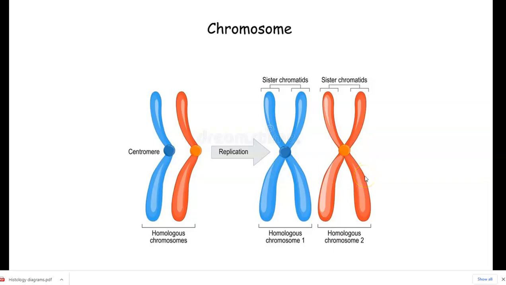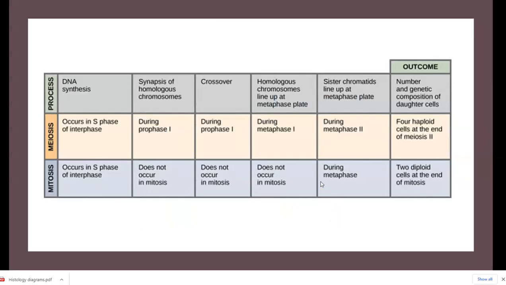In mitosis, those just line up in single file and then are separated. So you're going to end up with exactly the same genetic information in the daughter cells. Nothing changes there. But in meiosis, these homologous chromosomes will pair up on the equator of the cell, and that is what's going to get pulled apart.